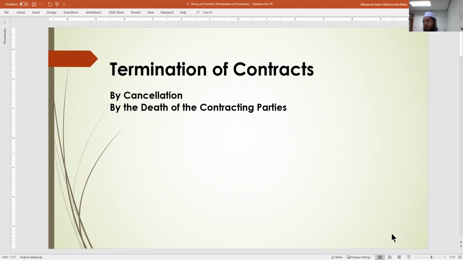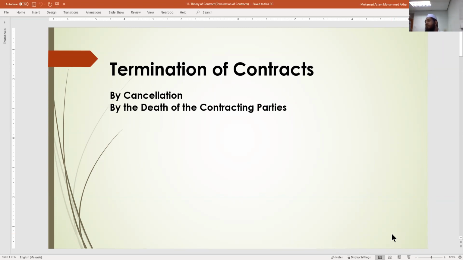Because when we talked about the conditions of the contract, we also talked about the classification of the contract, when we said that some contracts are valid, some of them void, some of them we even call irregular, for example the fasid according to Hanafis.